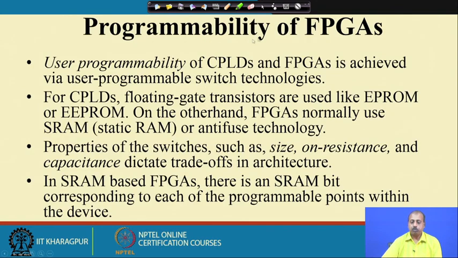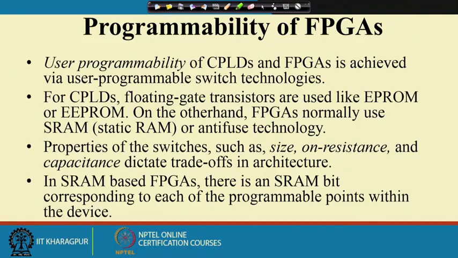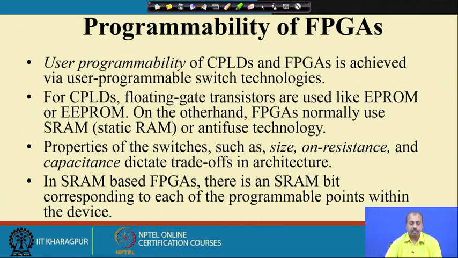So, if we look into the programmability feature, user programmability of CPLDs and FPGAs is achieved via user programmable switch technologies. So, both CPLD and FPGA use some sort of switch technology. For CPLDs, we have floating gate transistors like EPROM or EEPROM. So, floating gate transistors, you know, are transistors.